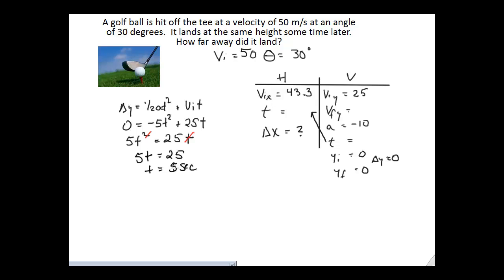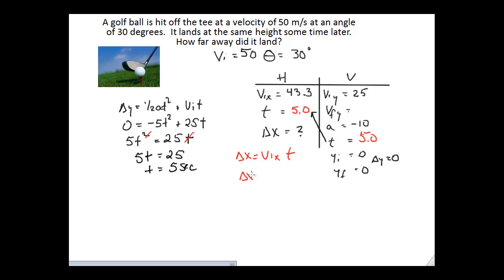So the ball was in the air for 5 seconds, and what's important is now I can put that information, not only does it solve right here, but I also get to put it right there. Horizontally, because this is all the information I ever need, this is the only equation that's important, that delta x is equal to VIX t.